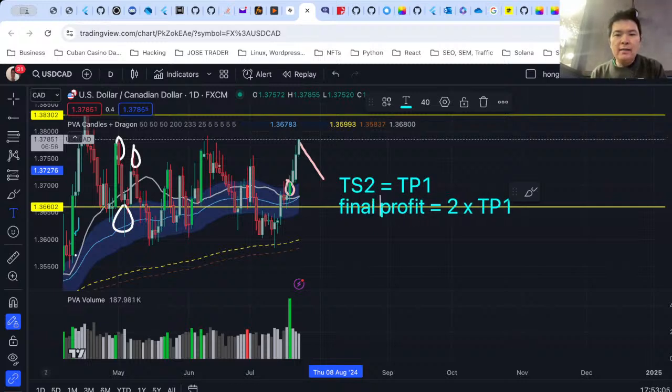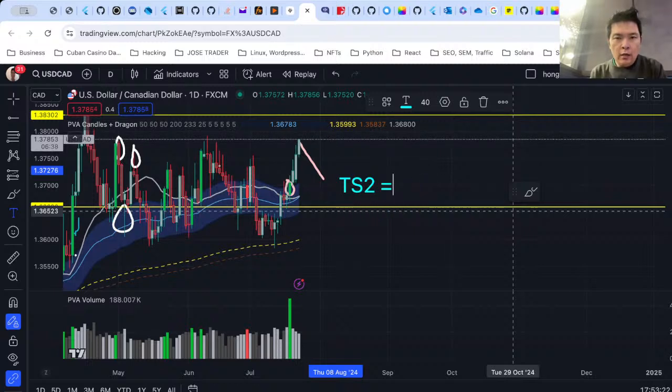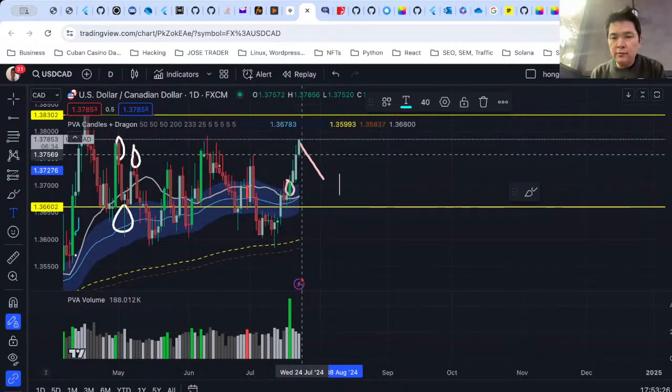Because for the second position you already set your trailing stop to the TP1. But this is in case your trailing stop is reached, in case the trade has gone against your direction for the next few hours or days.